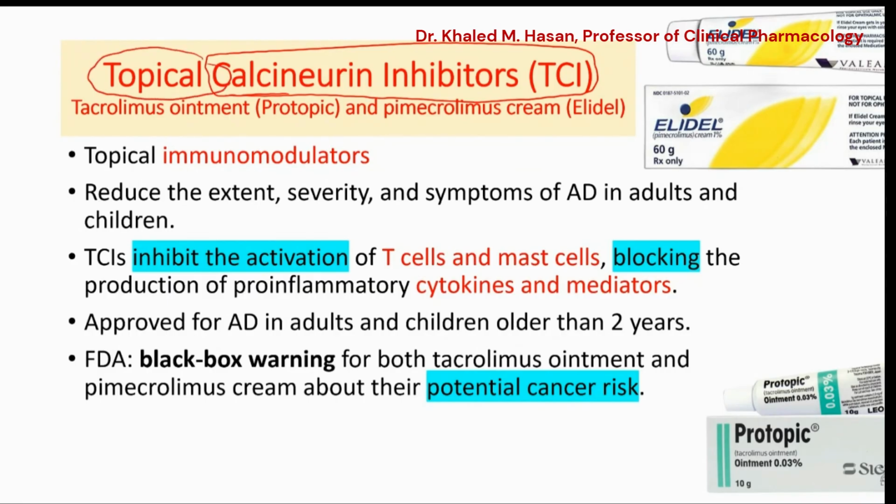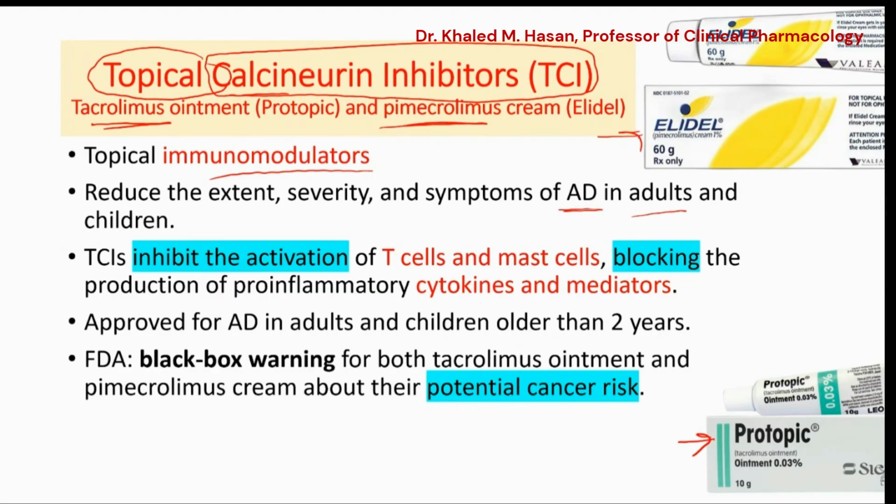In immunopharmacology we covered oral cyclosporine, but here we have tacrolimus and pimecrolimus, with the brand names Protopic for tacrolimus and Elidel for pimecrolimus. Immunomodulator medication reduces the severity of symptoms of atopic dermatitis in adults and children.